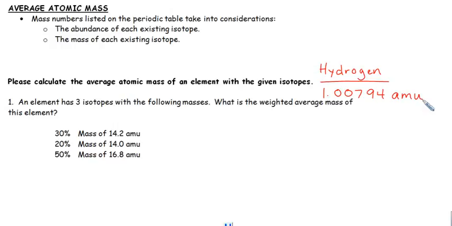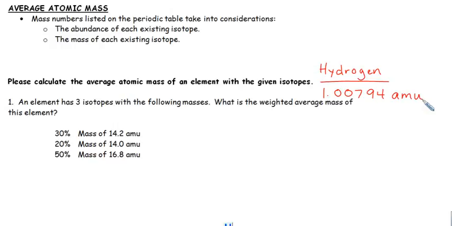So where does that 0.00794 come from? The fact that it's a weighted average atomic mass. This mass on the periodic table takes into consideration two things. Number one, the abundance of all the existing isotopes.